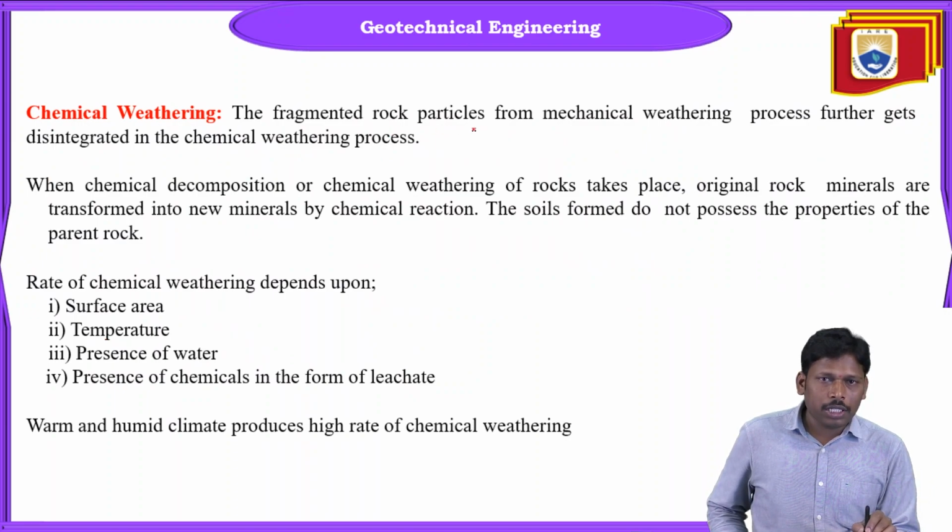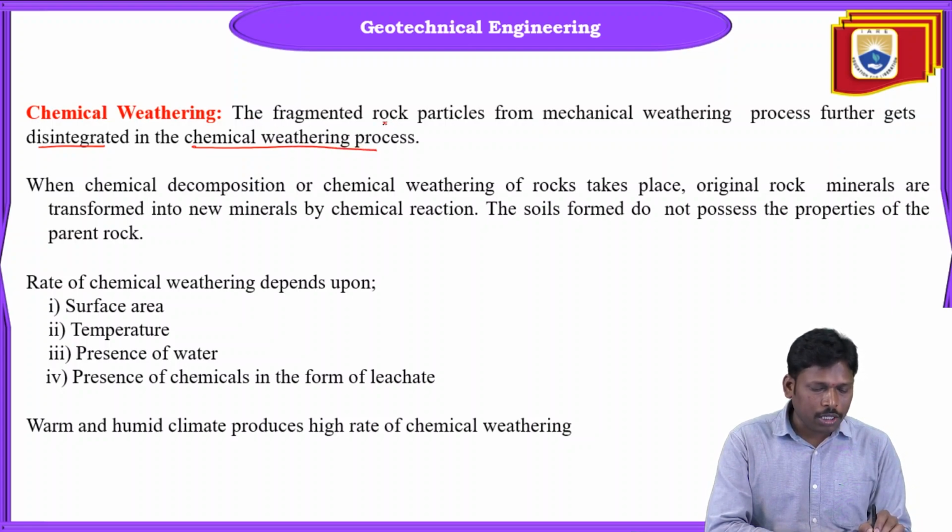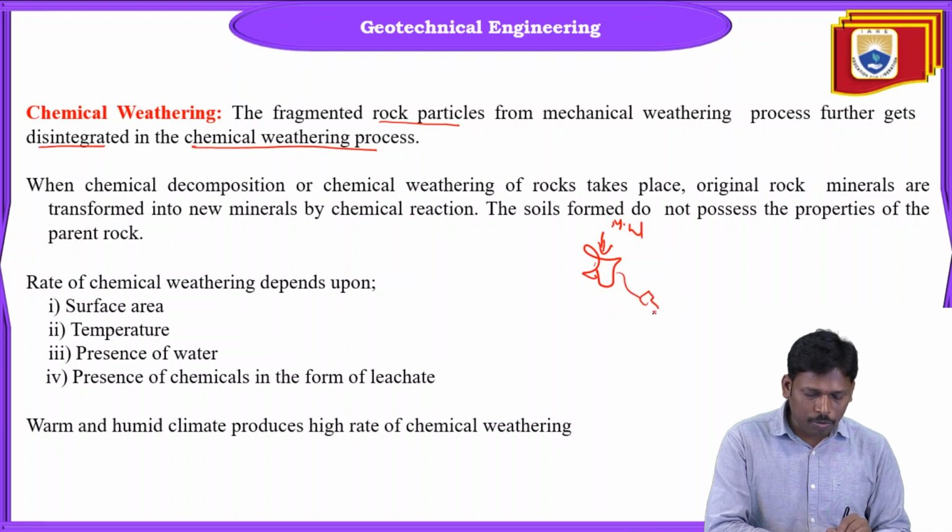The fragmented rock particles from the mechanical weathering process further get disintegrated, and this is due to the chemical weathering process. The fragmented rock particles form due to various reasons like sedimentary and metamorphic processes. So after mechanical weathering, the deposit which is formed further disintegrates, and some new deposit is formed.